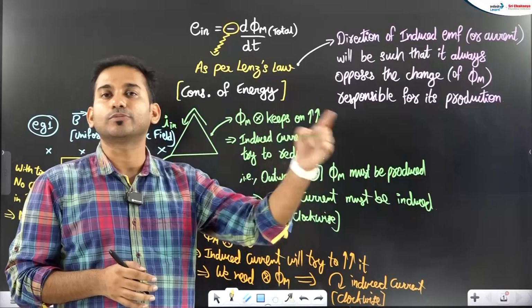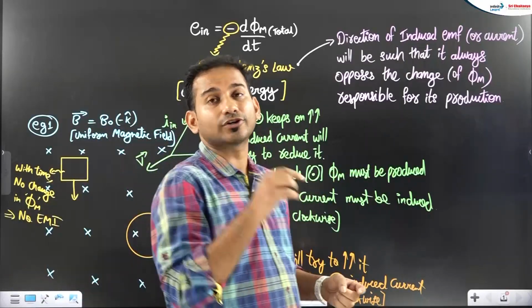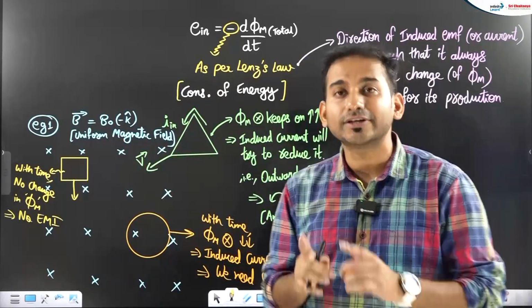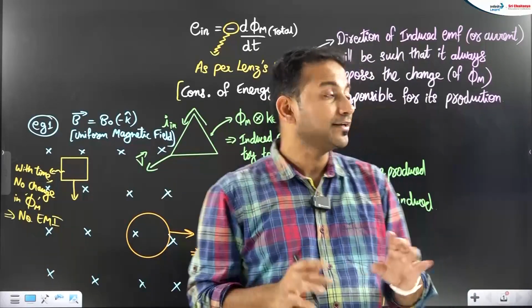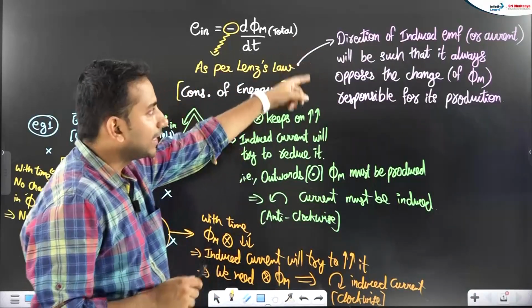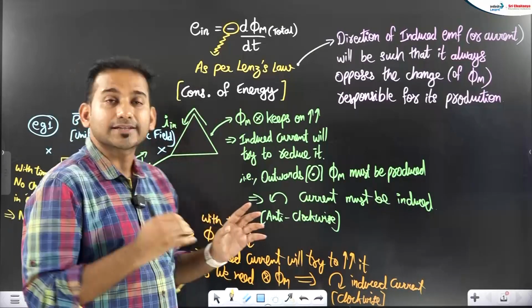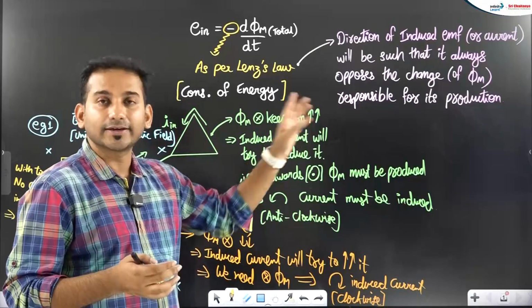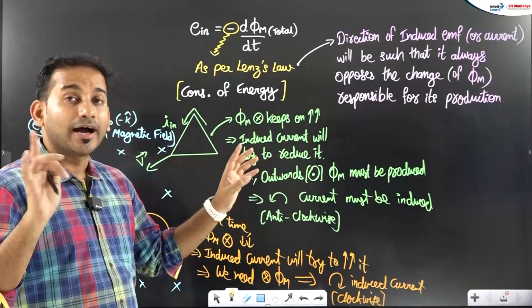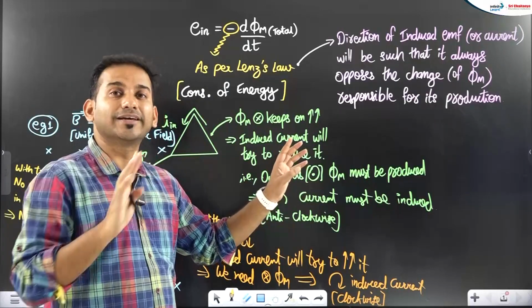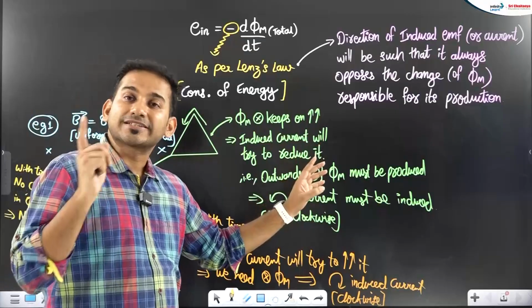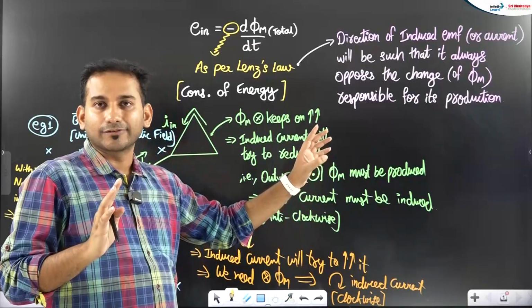They will always try to oppose the change, which was the reason for their creation, the reason for their induction. Alright, so that's what we have written over there. The direction of induced EMF or current will be such that it always opposes the change of magnetic flux. I am not saying it always opposes the magnetic flux. No, it always opposes the change of magnetic flux.